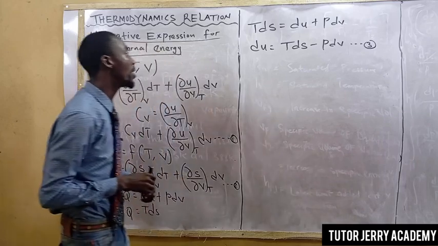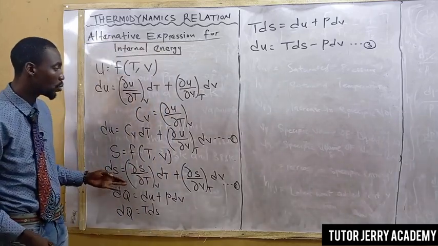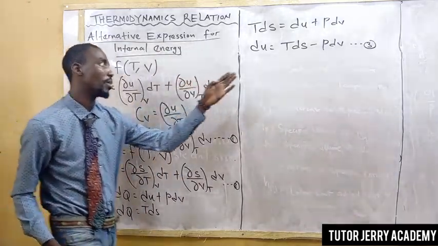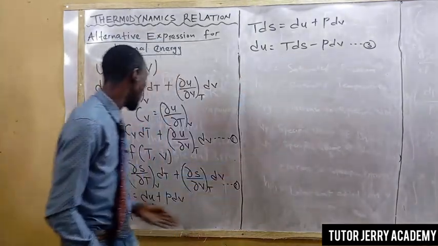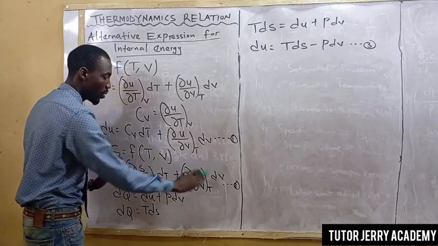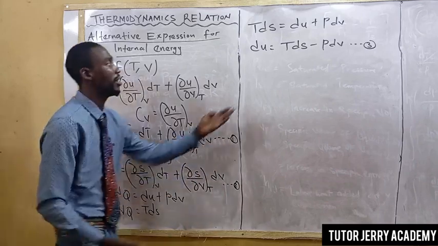All right. So now we are going to substitute equation 2 into equation 3, because we have dS here, and here we have dS equal to this. So we are going to substitute what we have here.